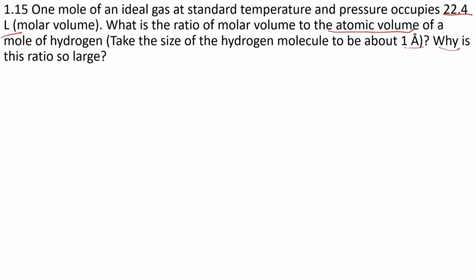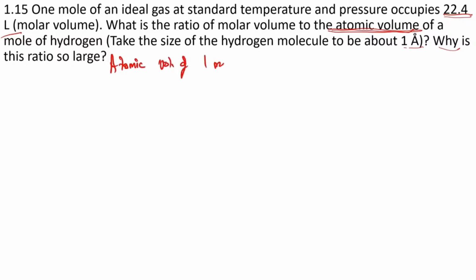So we have to calculate the molar volume at standard temperature and pressure, and atomic volume. Atomic volume we have calculated for hydrogen atoms. 1 mole of atomic volume we have calculated, and we have to find out the ratio between the molar volume and the atomic volume of 1 mole of hydrogen. So let's start calculating.